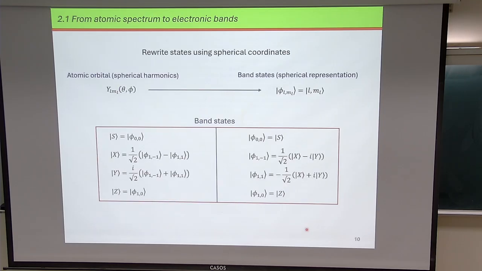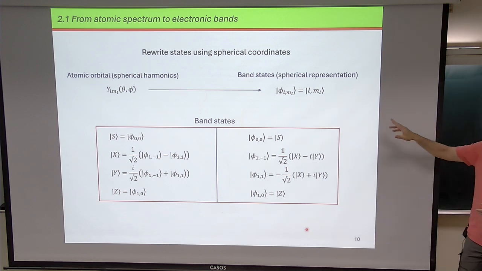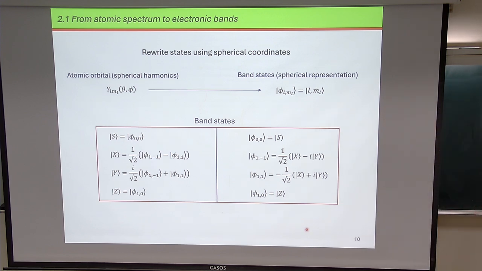We know the symmetry of the S and P orbitals, and for atoms they are related to the spherical harmonics. I will assume that my bands have a function that I don't know exactly, but that transforms in the same way as the spherical harmonics.